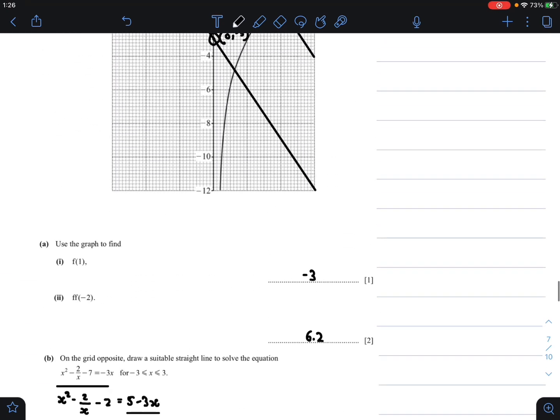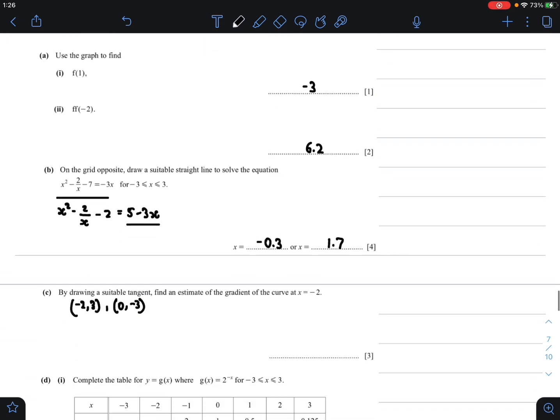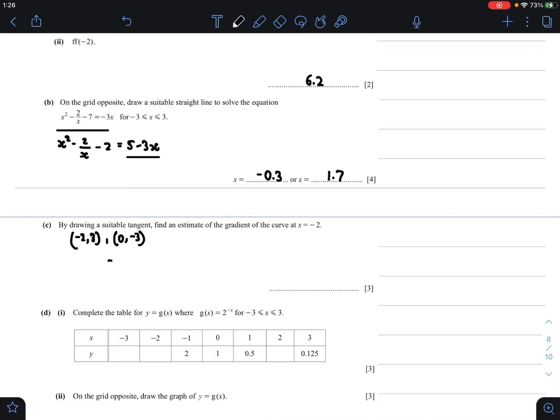So y2, which is -3, minus y1, which is 3, divided by x2, which is 0, minus -2, which will become +2. Therefore it will be -6 divided by 2, and therefore you will get your final answer as -3.